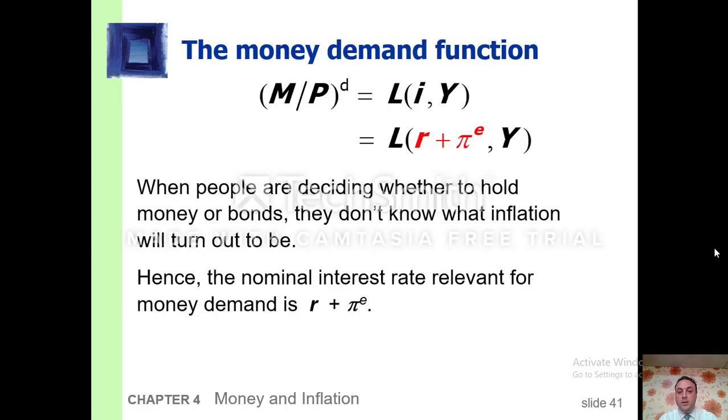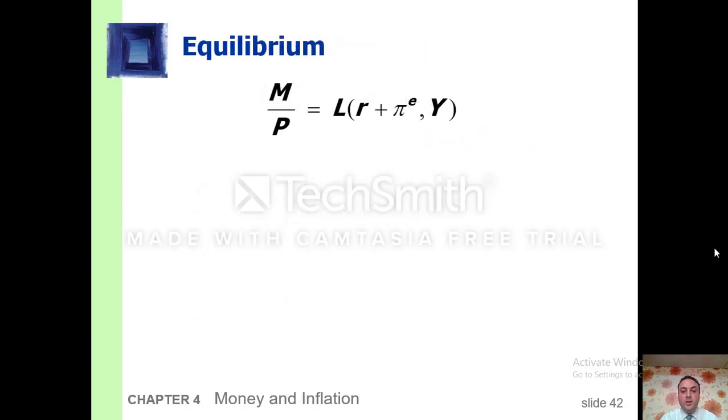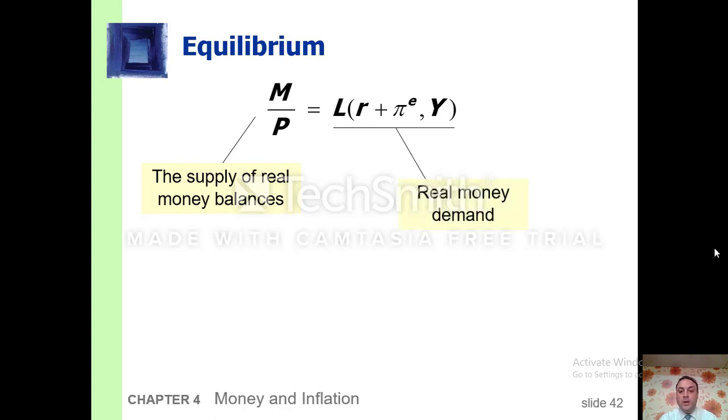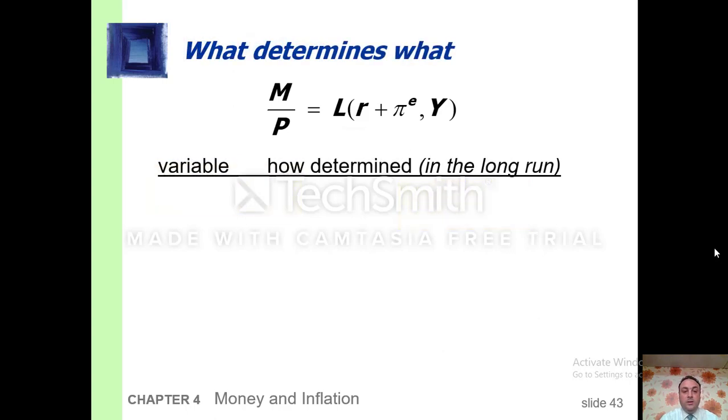We can see here, rearranging this function, the real interest rate plus the expected inflation rate instead of the nominal interest rate. So we can reach the equilibrium: the supply of real money balances will equal the real money demand. So we can find the equilibrium between the money supply and the money demand.